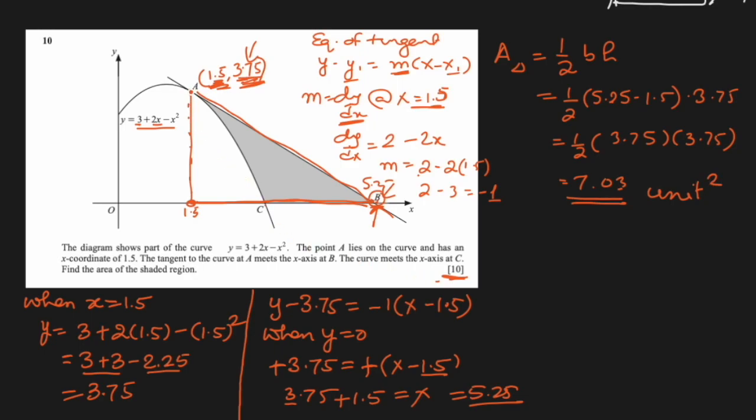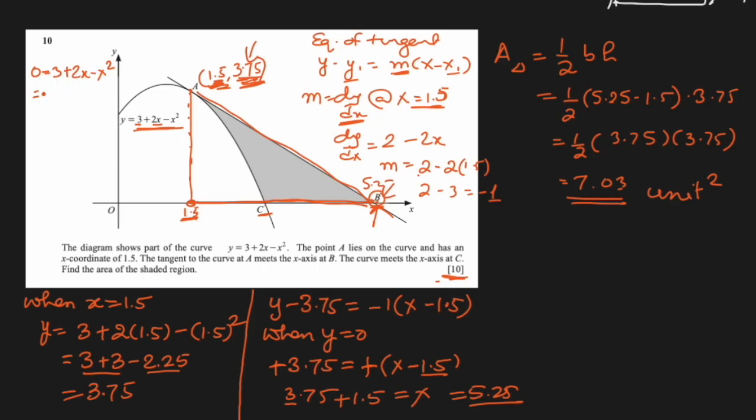Now we have to find the area under this curve from 1.5 till C. We don't know the coordinates of C as well, but we can find it because we know the equation of the curve. Just put y equal to 0 there. So 0 equal to 3 plus 2x minus x squared. You can use your calculator for this, and I'm using the factoring method.